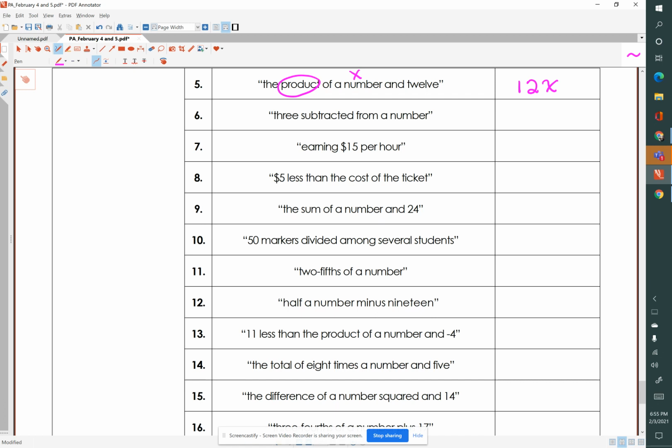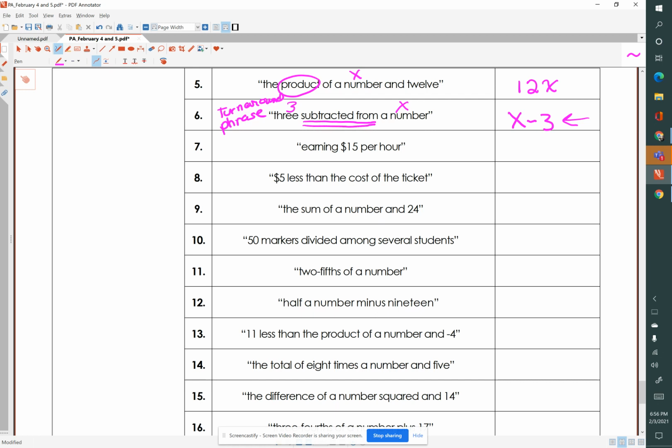Now, if we say 3 subtracted from a number, that's a turnaround phrase. Okay, so we have x minus 3, okay? Because we're given the 3 and it's subtracted from x, but look, how we write it is x minus 3 because 3 is subtracted from.